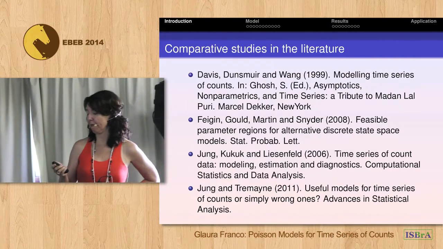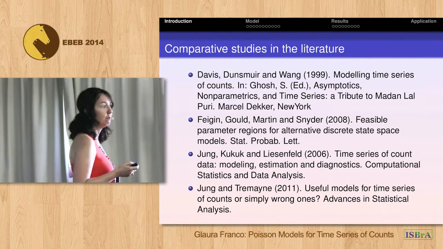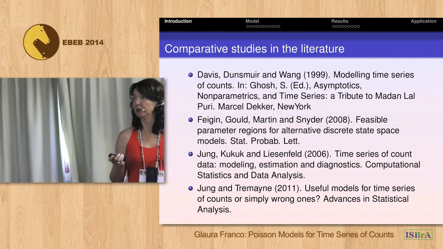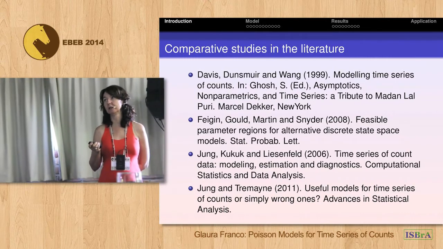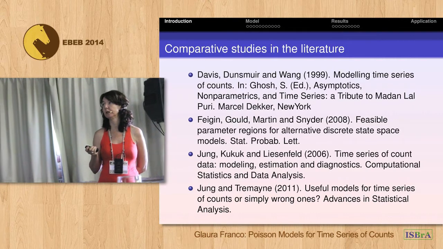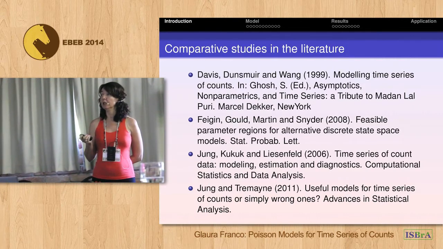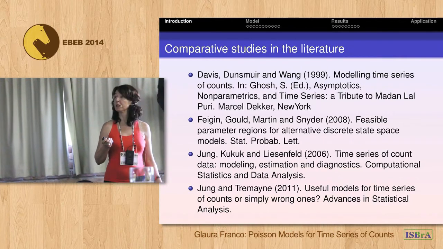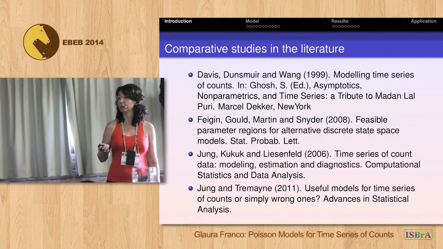Well, but in the literature, there aren't many works comparing these two models. There are some comparisons in this work of Davis, Dunsmuir and Wang in 1999. He shows the main difference between these two approaches, and there are some applied works, especially from Young.